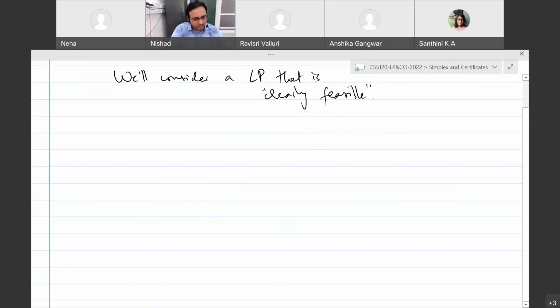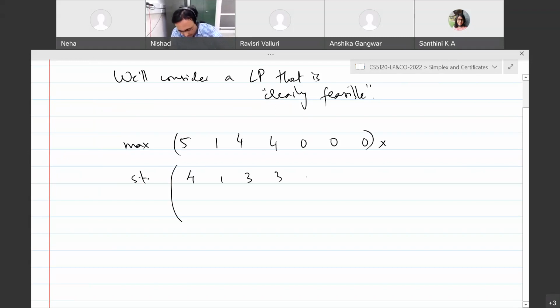So here is the linear program I want to consider for today's lecture. It has 7 variables and 3 constraints apart from the non-negativity constraints, and I'm writing down everything in a matrix vector format.